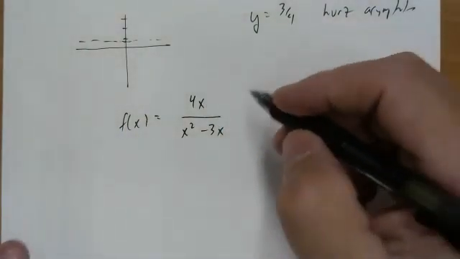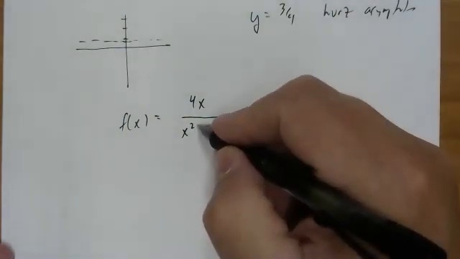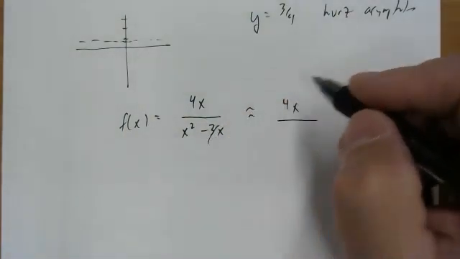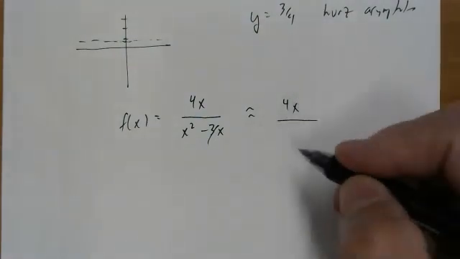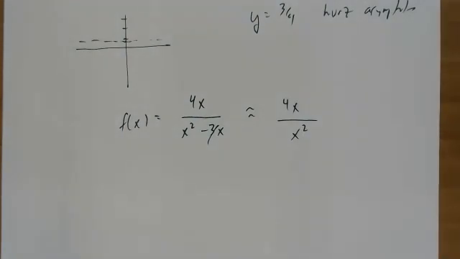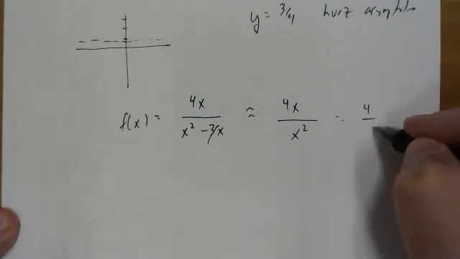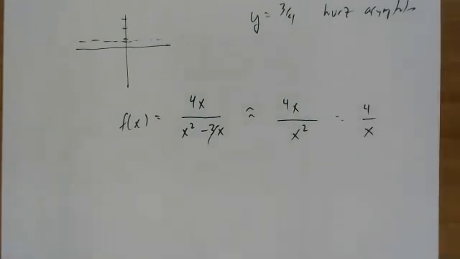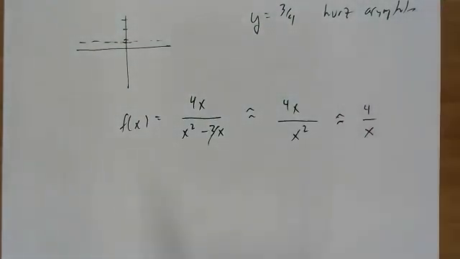On the top, there's only one term. In the bottom, x squared minus 3x, the 3x sort of goes away. Once again, if you want to know the theory behind all this, you can watch the video lecture. 4x over x squared, I can cancel an x on the top and the bottom. So we're saying the function equals approximately 4 over x.